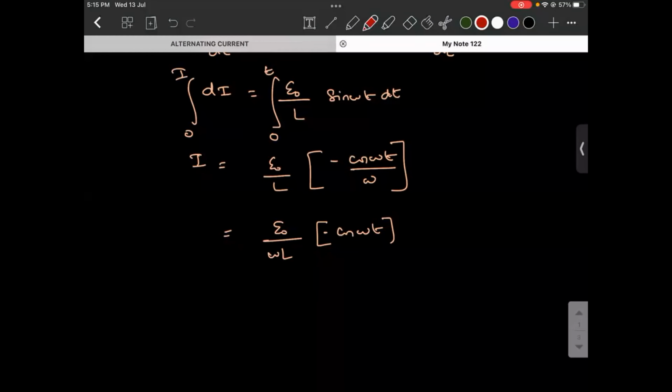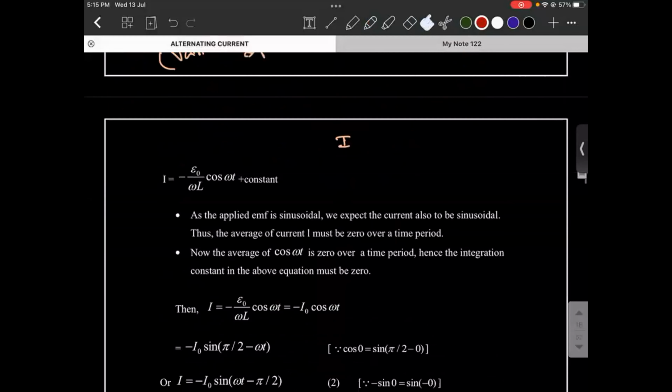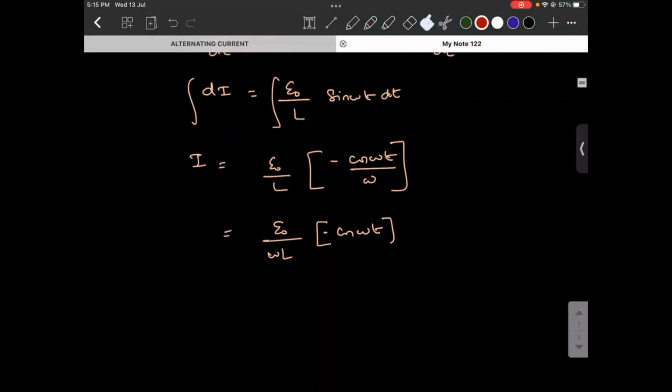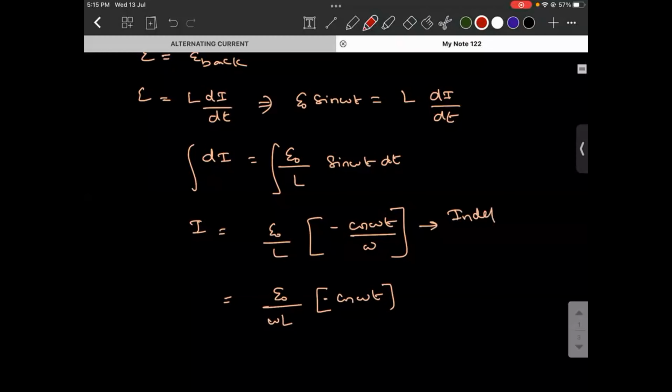Okay, but one more thing, I'll give you another way. Since you're doing indefinite integration, you need to add a constant.